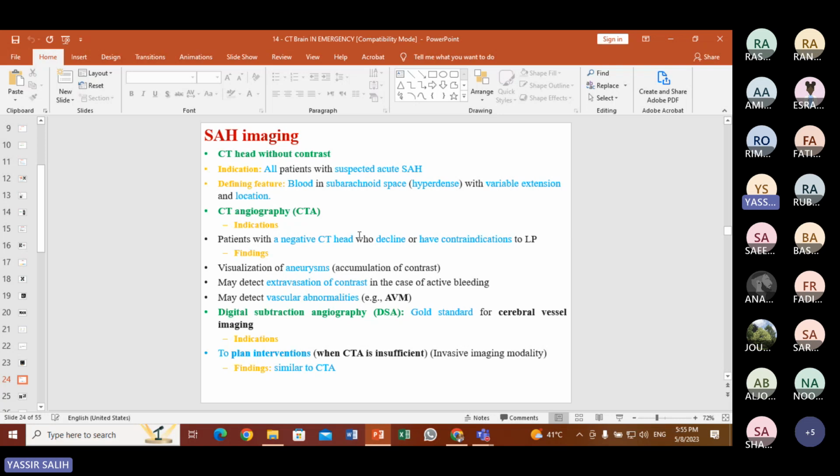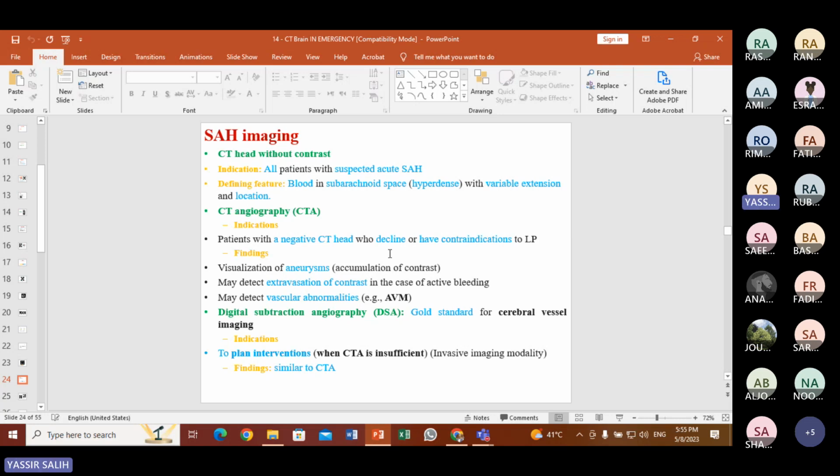We did a CT head and it was normal, but at this time you can do CT angiography to assess the blood vessels, or if the patient deteriorates.